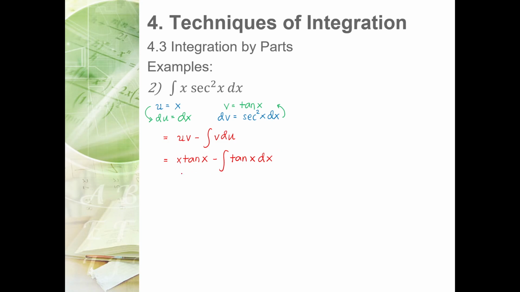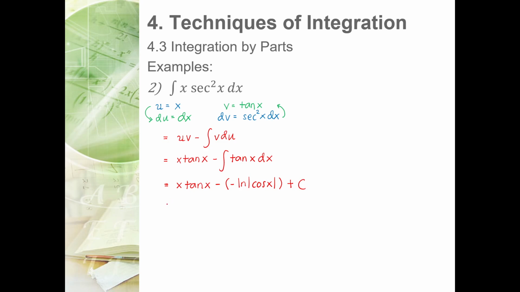Okay, so looking at the integral of tangent x, of course we have a formula for this one. So the final answer now is x tangent x minus, and then minus ln of cosine x plus c.